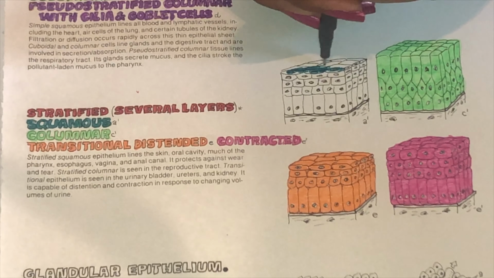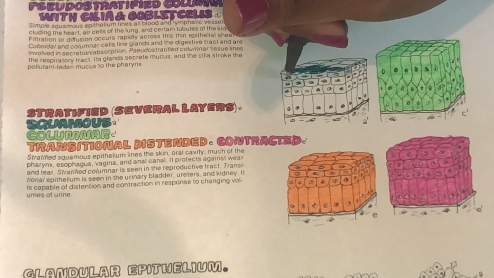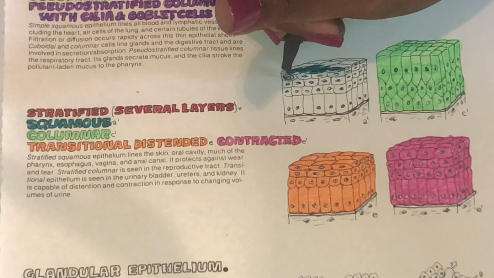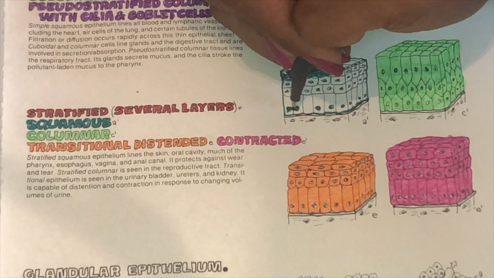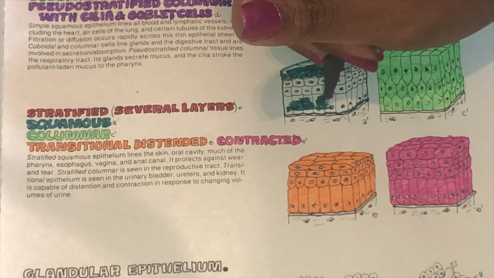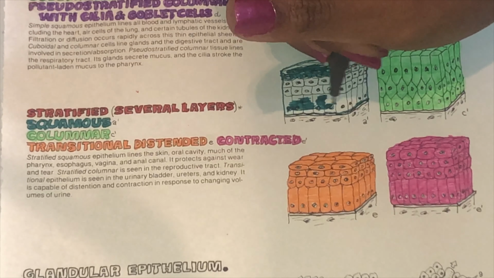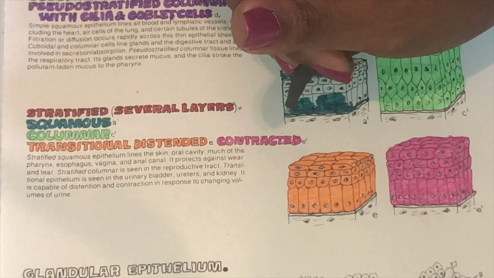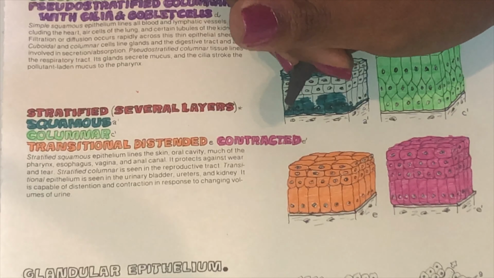And squamous A1. This one consists of more layers, and I'm coloring in this bluish color, which is a different shade of the squamous above. So difference in color to show the difference in layers.